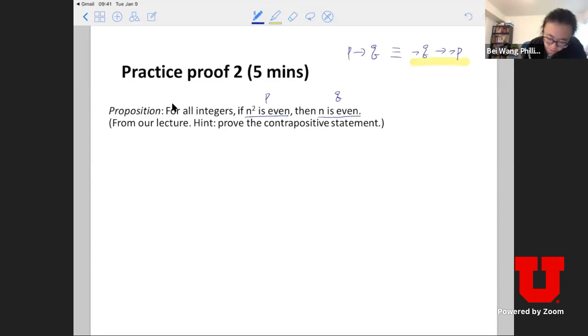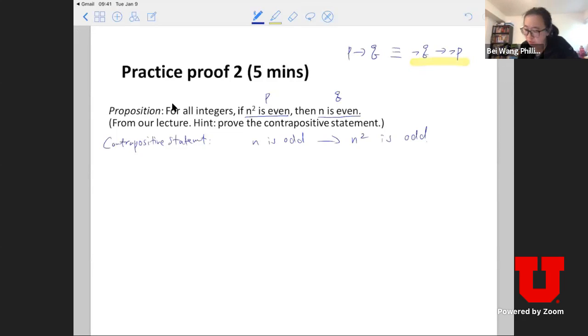So if I want to write out the contrapositive statement that I want to prove, not Q means if n is odd, we want to prove that n squared is odd. Okay, so this is really my contrapositive statement I want to prove. So the hypothesis is n is odd, and the conclusion is n squared is odd.